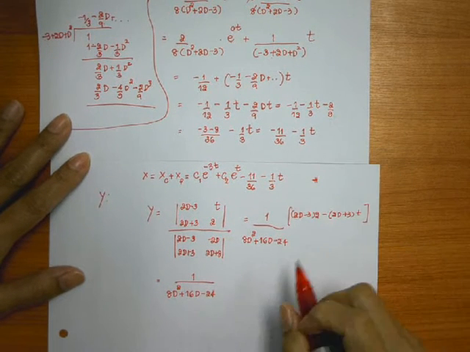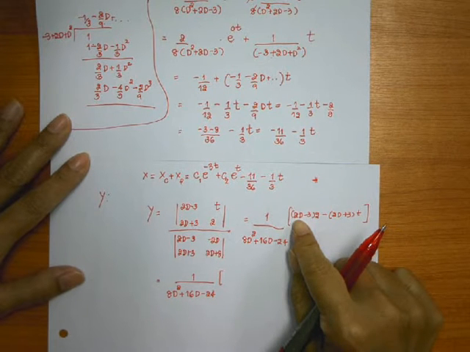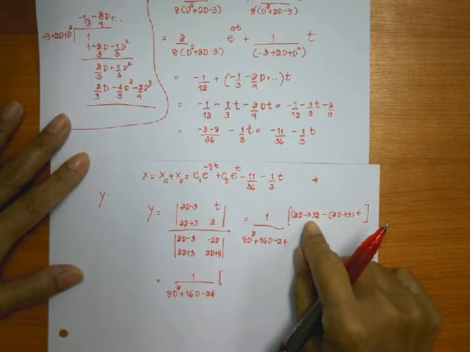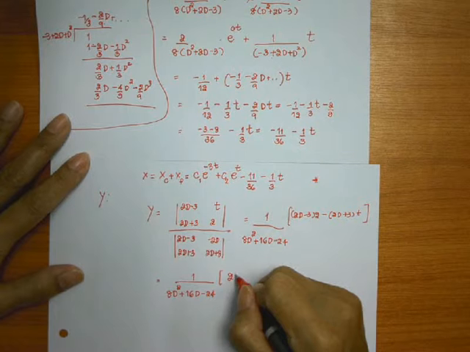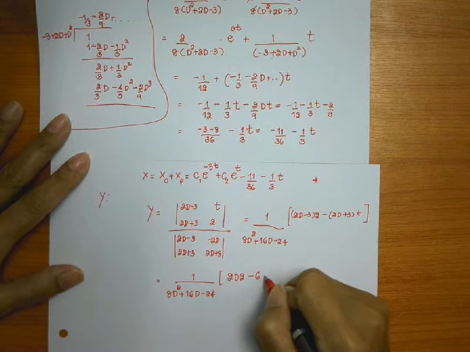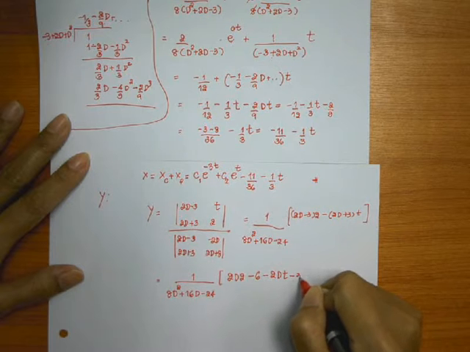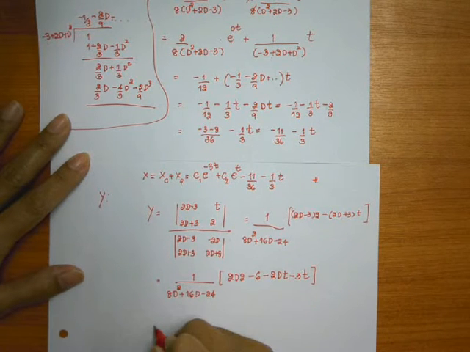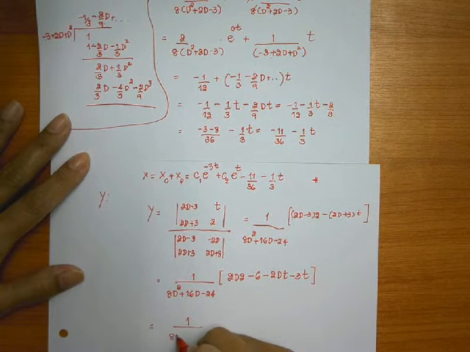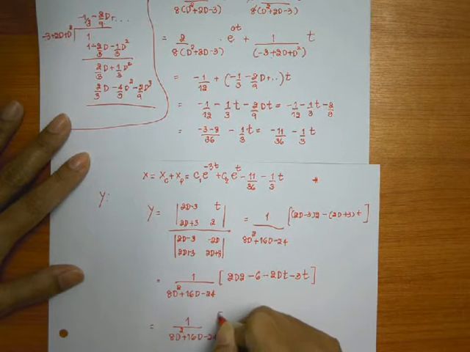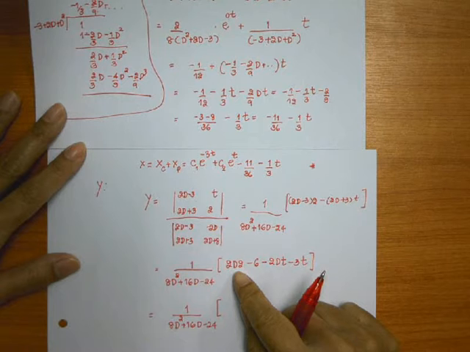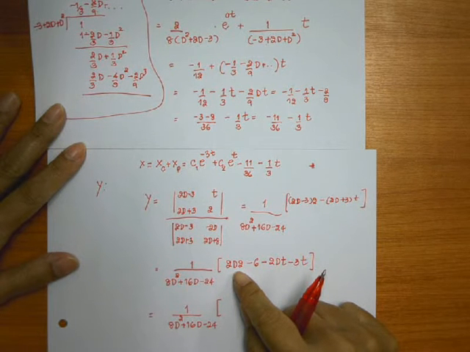And then on the top we would get 2d times 2, equal to 2d2 minus 6 minus 2dt minus 3t. 2d2 equal to 0.